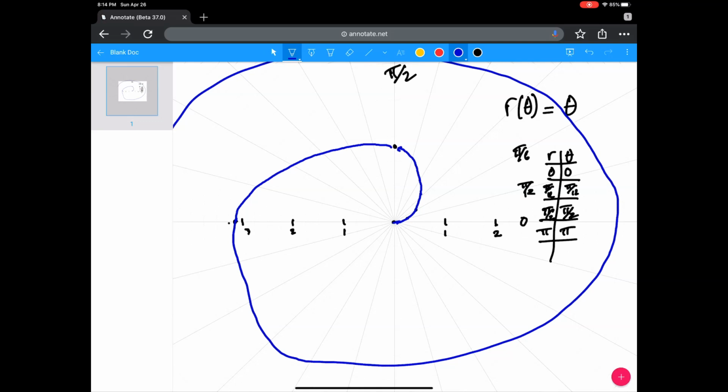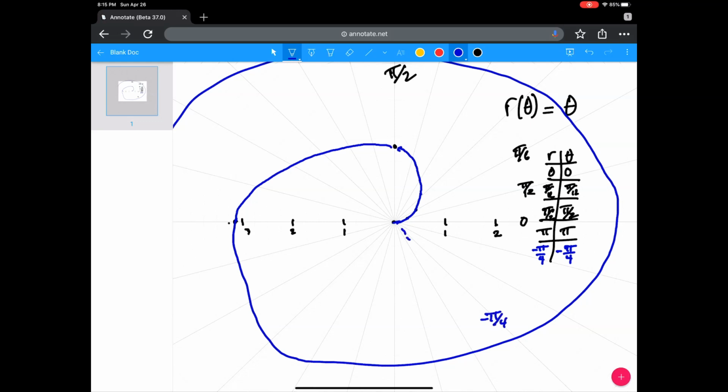So, for example, what if I put in negative, we'll say pi over 4 for theta? Well, that means my r value has to be negative pi over 4. So that means to look at the angle negative pi over 4, I would be looking at this direction.